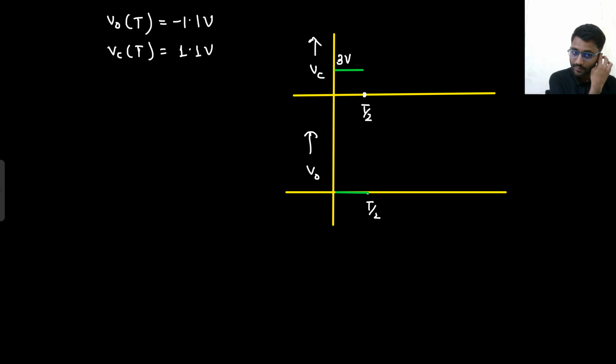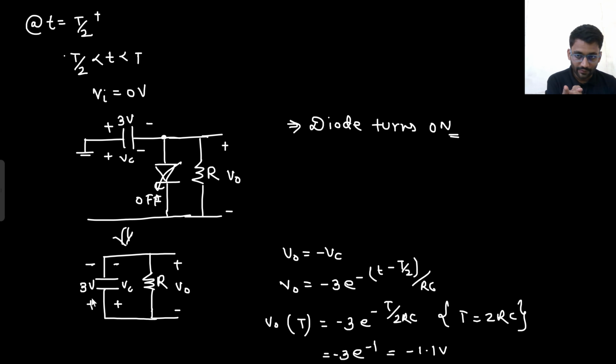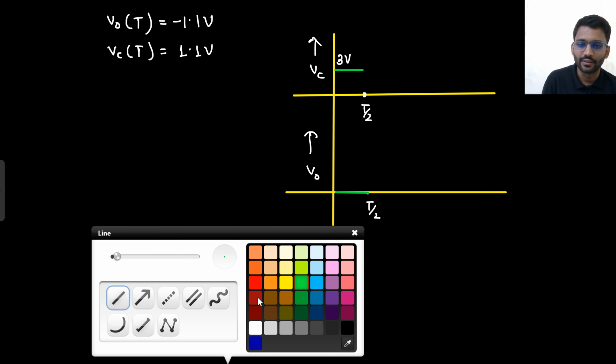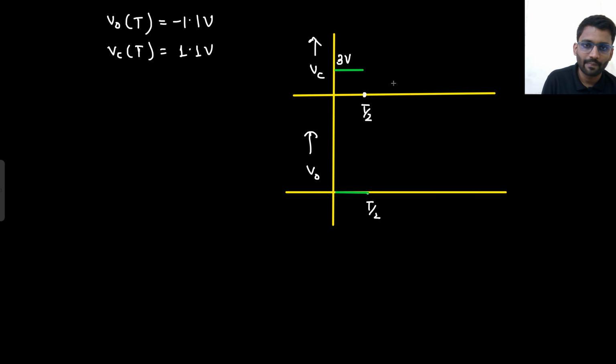Then after t by 2, what was happening? The capacitor is getting discharged, so it is discharged to 1.1 volt. This potential is 1.1 volt.